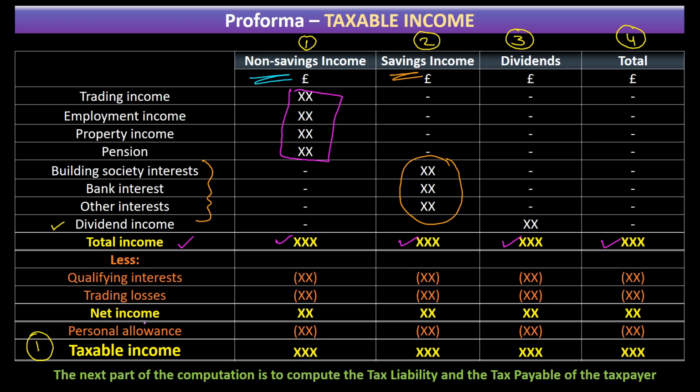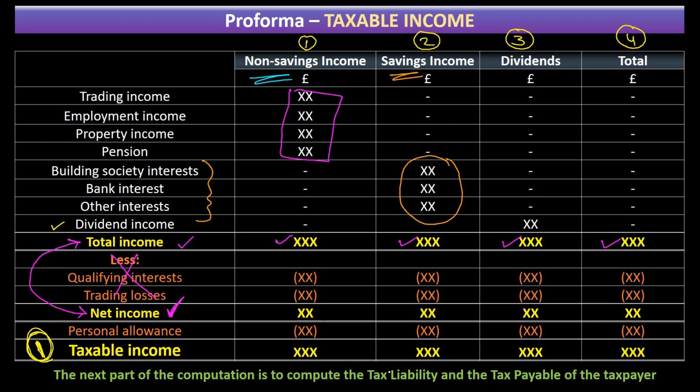But if the question does not have any qualifying interest or trading losses, then your total income and your net income will be the same amount, but we will label that amount as net income. So that was part 1 of the calculation.